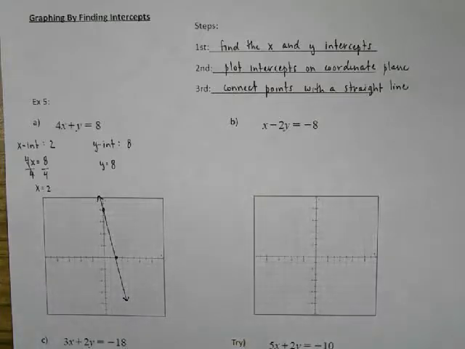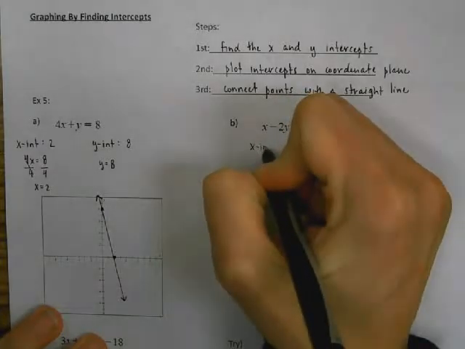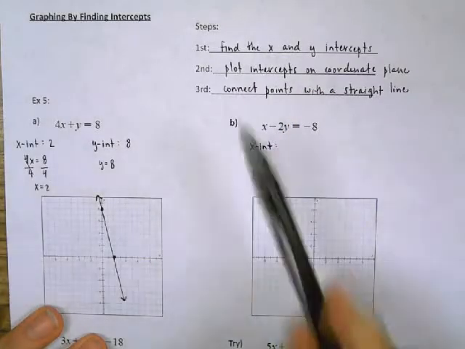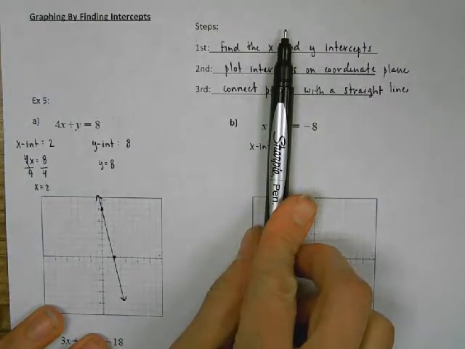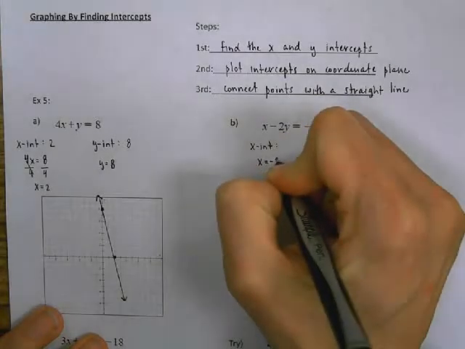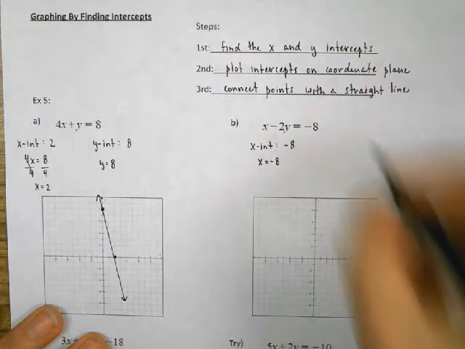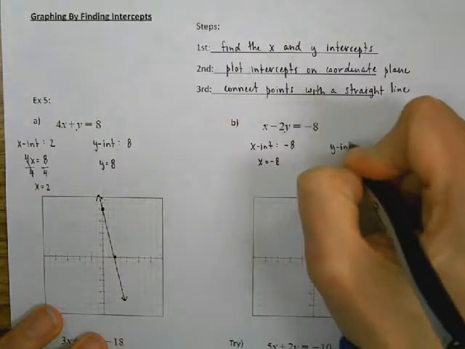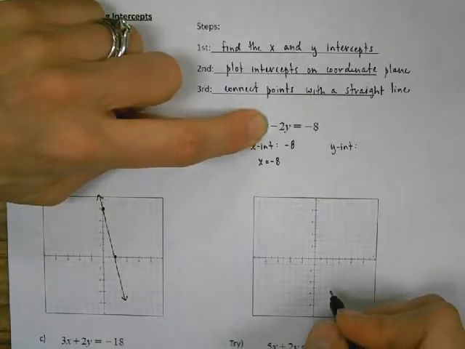Okay, let's do part B. Same thing. So now I have my x-intercept. To do that, I'm going to cover up my y. Nice thing here is x is already by itself. Our equation is x equals -8, so our x-intercept is just -8. Now to find the y-intercept, I'm going to cover up the x.